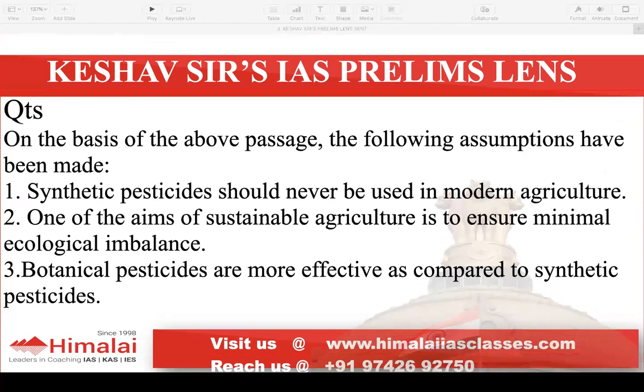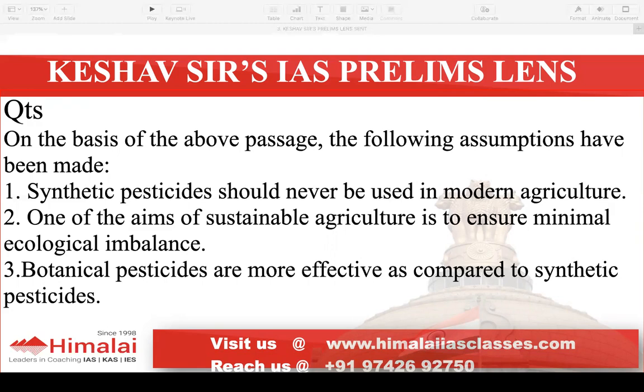First, we have to read the entire passage, form a summary of the passage in 3 to 4 lines, and then read each option again, give another reading of the passage and look at our summary. With this, we come to know that they're clearly not talking about statement 1, that synthetic pesticides should never be used in modern agriculture. That is not there.